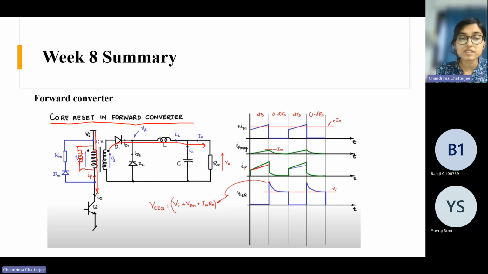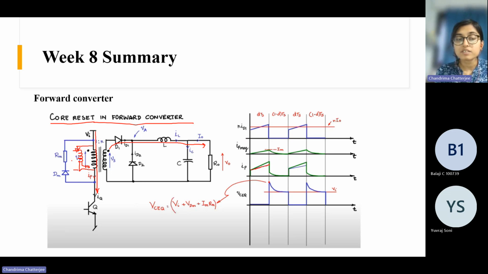So suppose this is Lm, the magnetizing inductance of the transformer. So the magnetizing current flows through this Lm. For an ideal transformer, there is no magnetizing current required, but for a practical transformer, very small magnetizing current is drawn. So what is this current? When we are applying some positive voltage, that voltage appears across this magnetizing inductance.